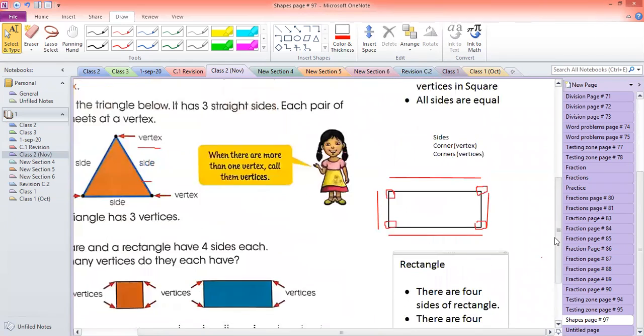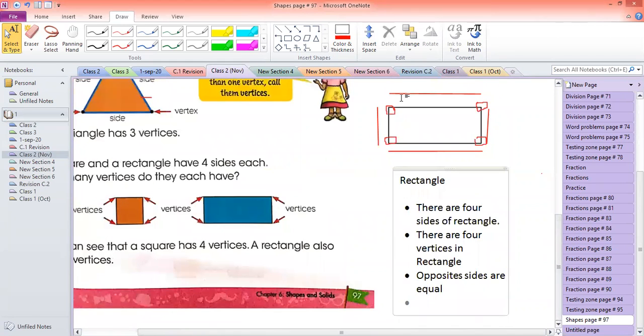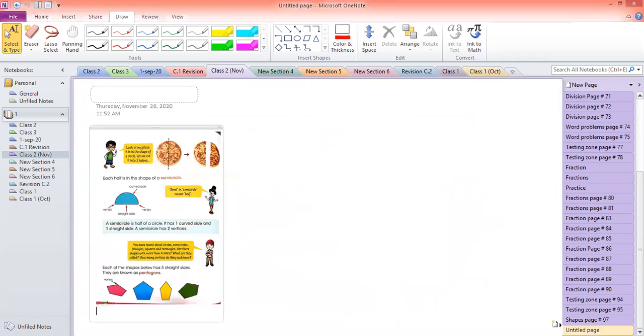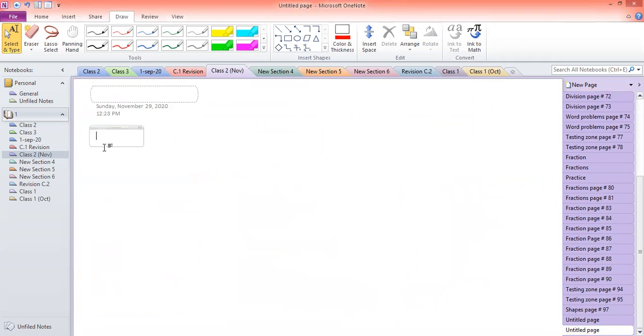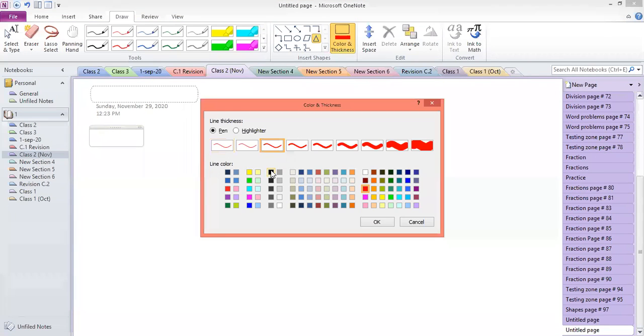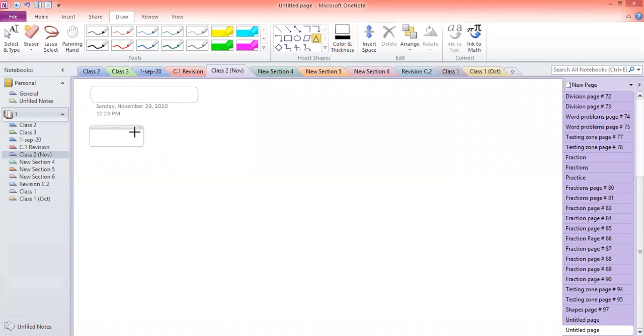Okay, now we are going to study one more shape, and that is triangle. Look here, guys.